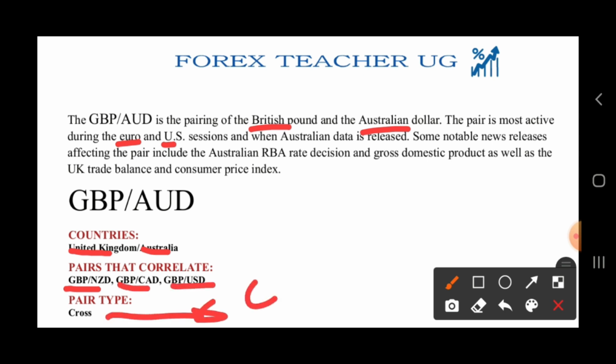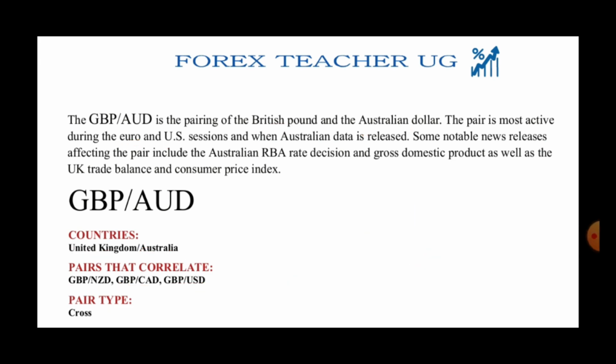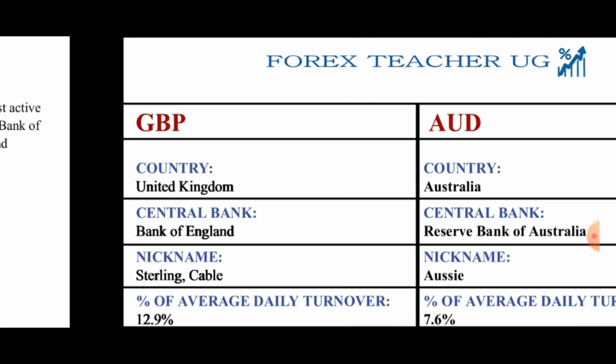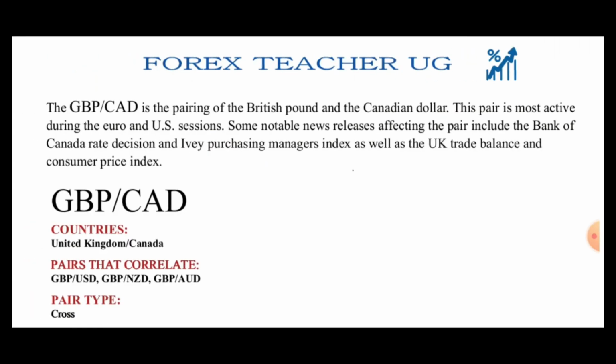The pair is a cross pair, of course, as I have been looking at. We have already covered most of these. So we have the GBP CAD, which is the pairing of the British pound and the Canadian dollar. This pair is most active during the Europe and US sessions.